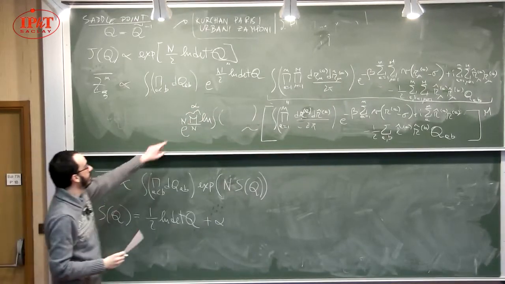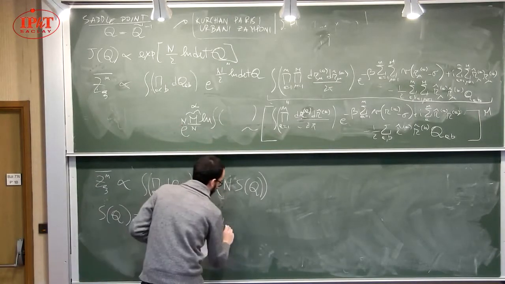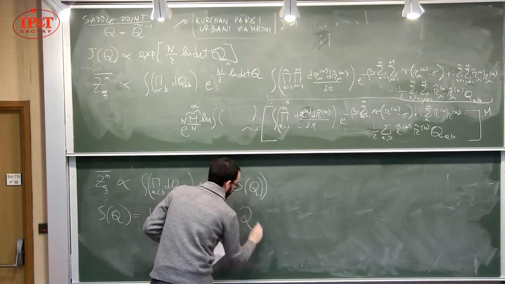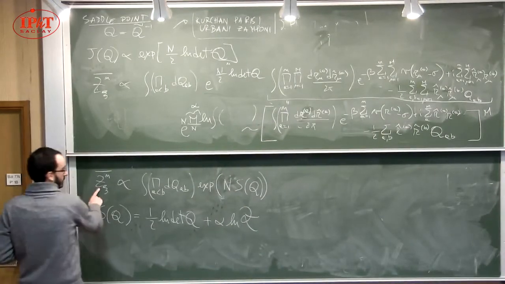And this n here is just this one. And so you have n times the log of, let's call it z. That is not this one, of course.